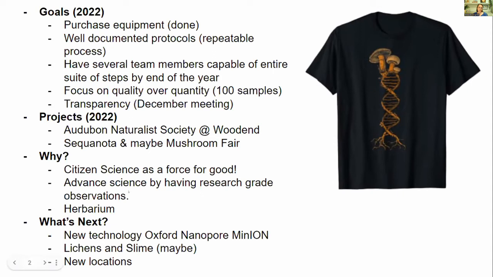The advanced science, by having research grade observations, this is going back to doing good quality work. It's not about getting more observations done. The observations that we do, we want to make sure that they're well documented. It's almost impossible, to my mind, to have too much documentation.